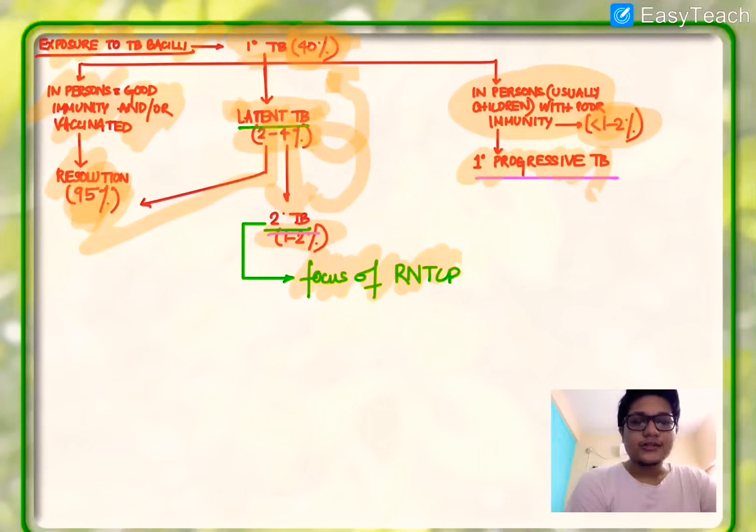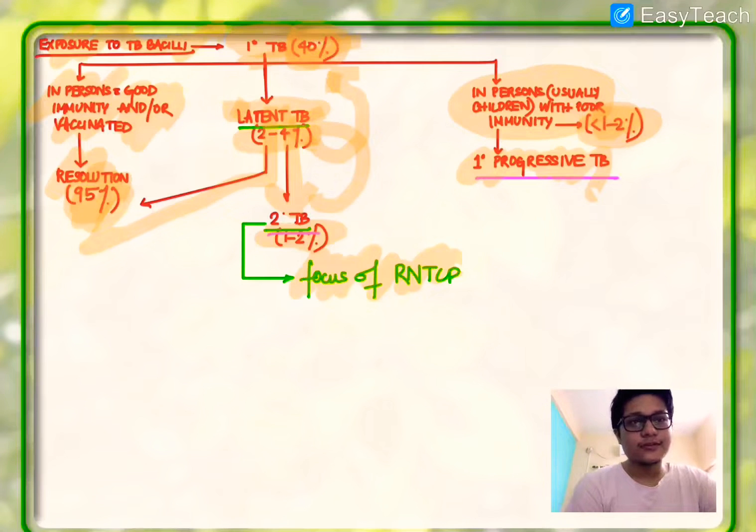Though the percentages look very small, you have to understand that the Indian population is 130 crores. So if you apply that demography to these percentages, you'll understand why it's such a huge public health problem.